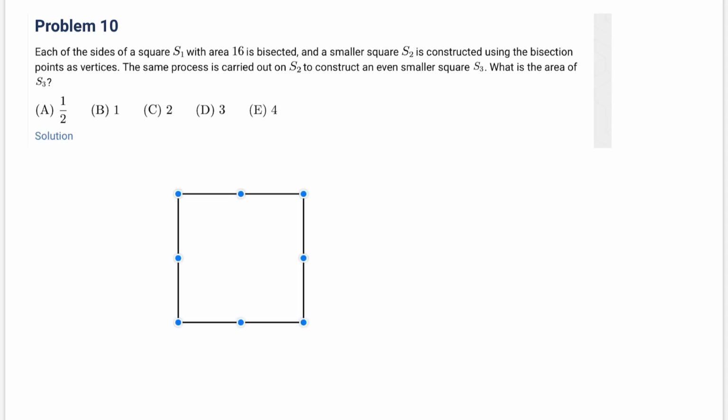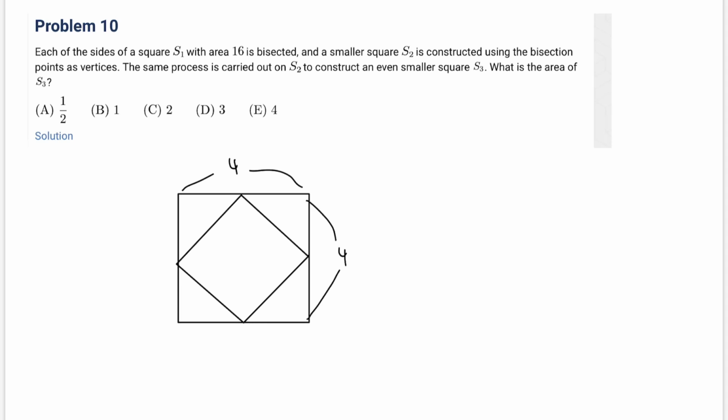So there's this point here, this point, this point, and then this point. My drawing is not great, but this is area 16, right? So this has 4 on one side, and then it's bisected. So this is 2 and 2. This was 2 root 2. So this is 2 root 2.